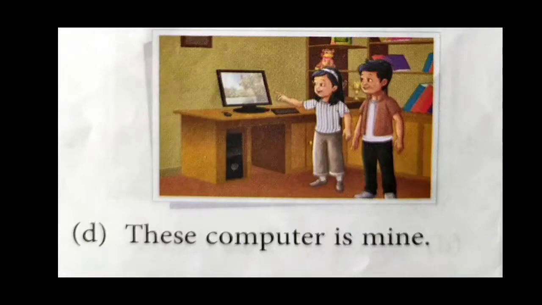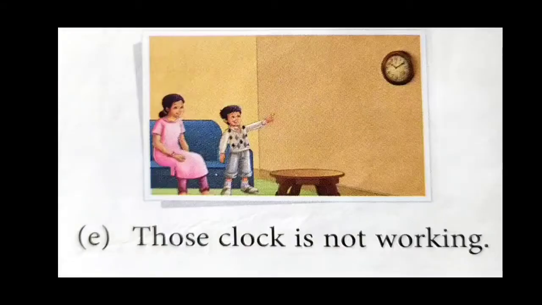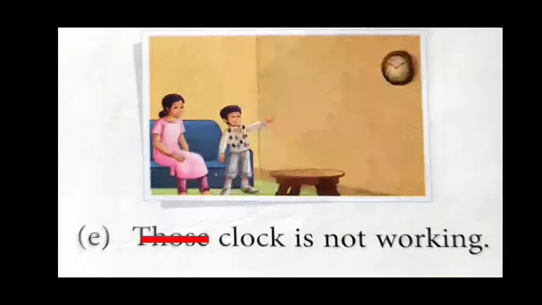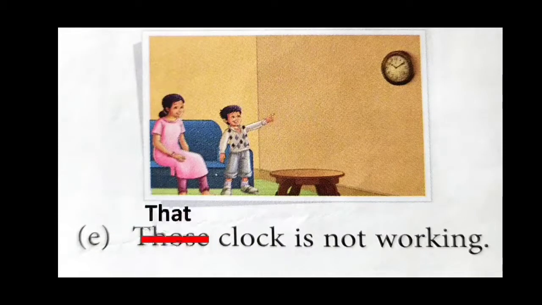Here the word used is these. But the word this has to be used with singular form. So the correct answer is, this computer is mine. The last sentence is: those clock is not working. In this sentence, the word clock is a singular form. Here the word used is those. But the word that has to be used with singular form. So the correct answer is, that clock is not working.